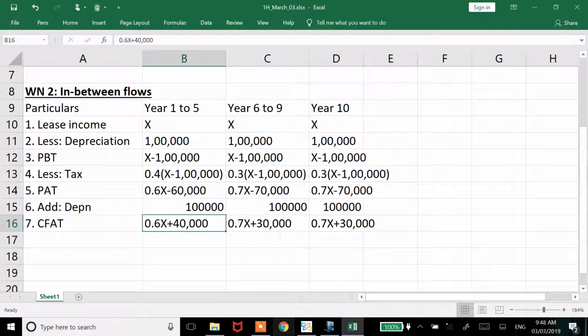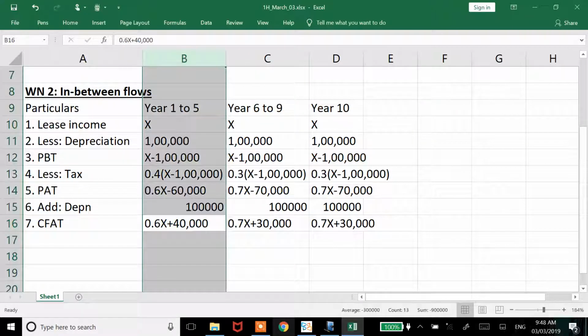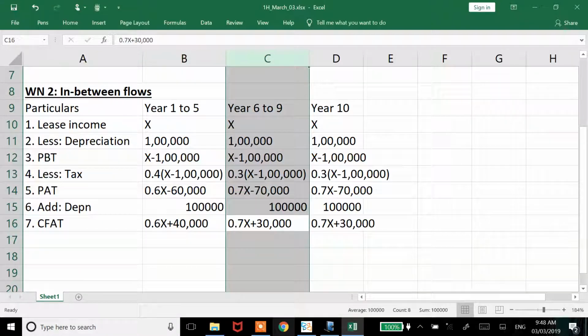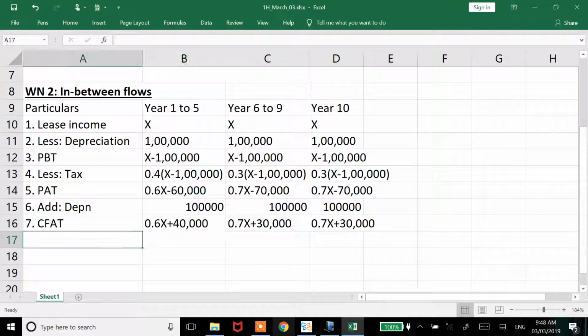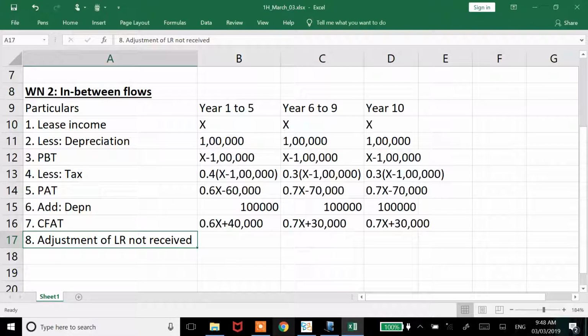Wait. Now the point is, when I do this 0.6 X plus 40,000, the lease rentals are received a year in advance. So all the 5 years you get lease rental. Here all the 4 years you get the lease rental. In the last part alone, I do something called an adjustment of lease rent not received.